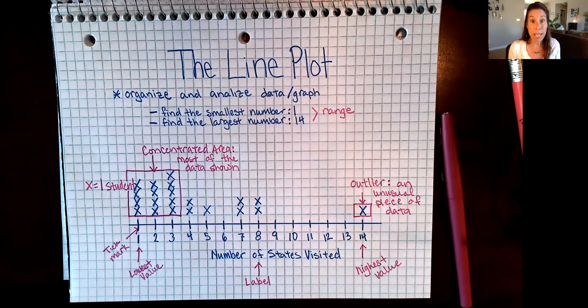I can also say there's an outlier on my line plot that is 14. Most students visited 1 to 3 states. There were a few students that visited 4 through 8 states, and there was only 1 student that visited 14 states.